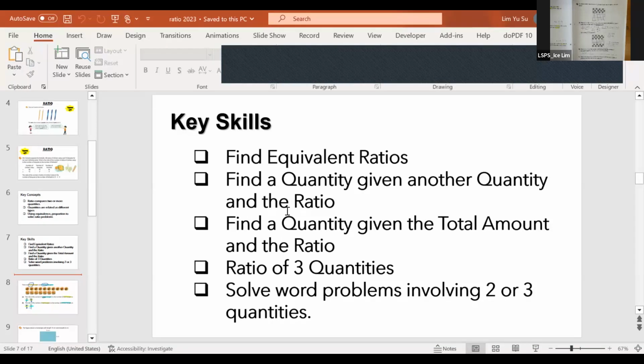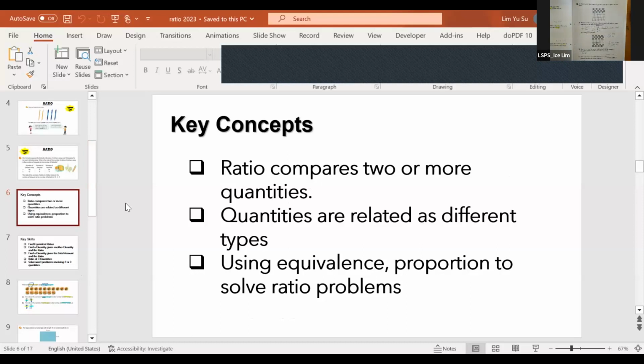Now, but before we move on, I want to go back a little bit to the idea of ratio. Because yesterday when we were doing the simplifying ratio, some of our friends started coming up with decimals, right?